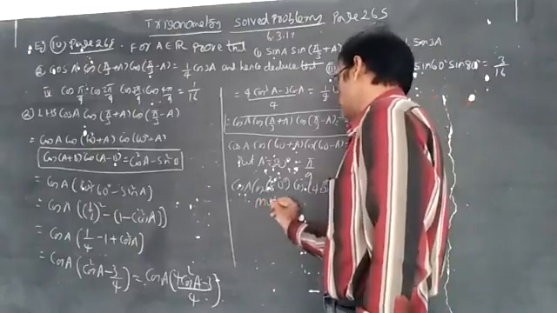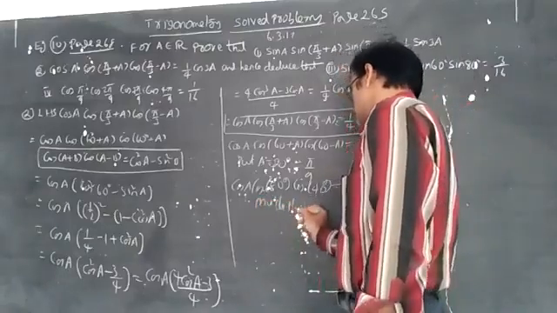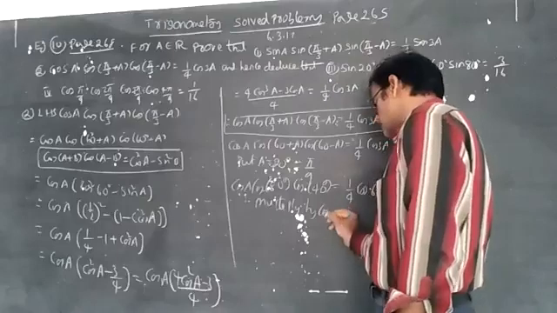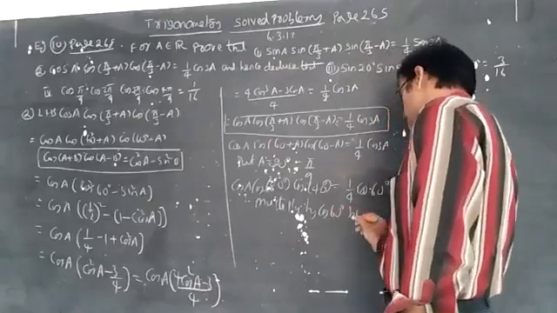Now multiply by cos 60 degrees on both sides.